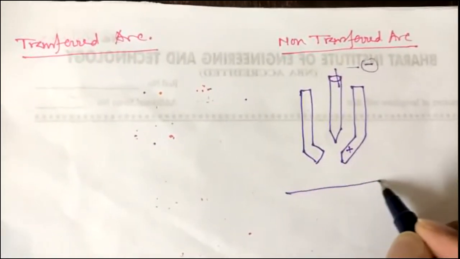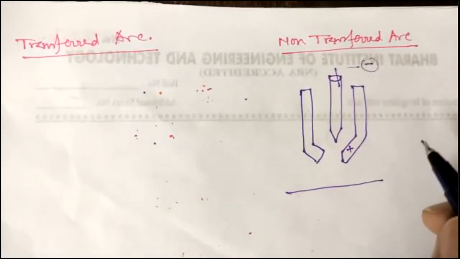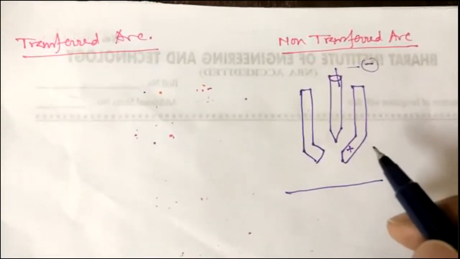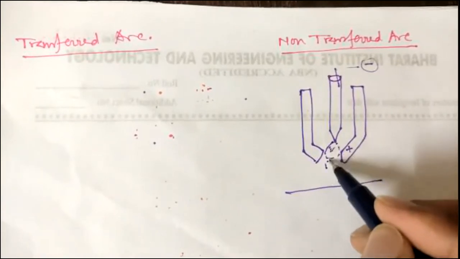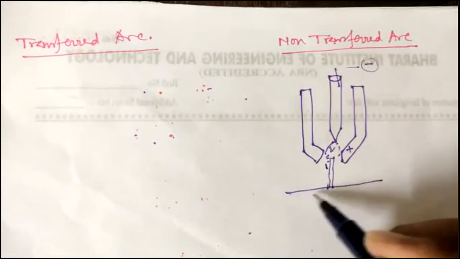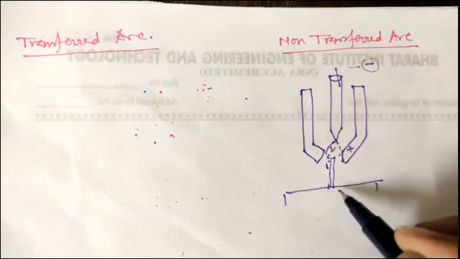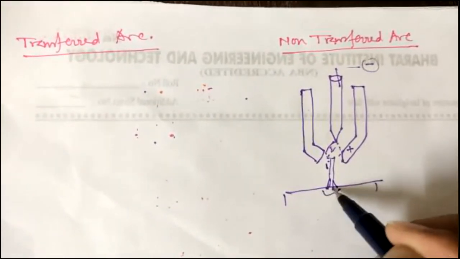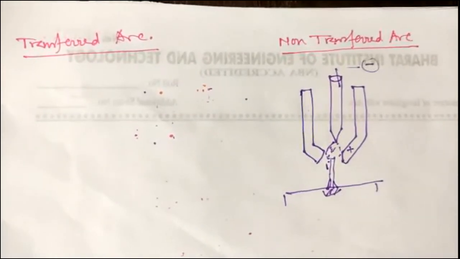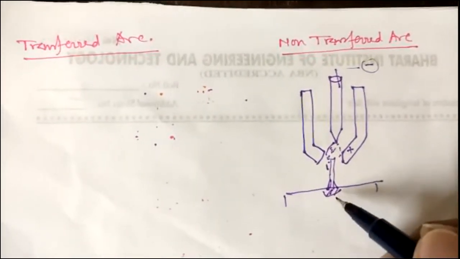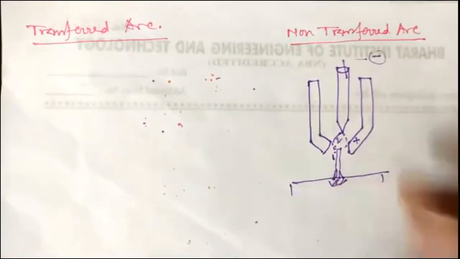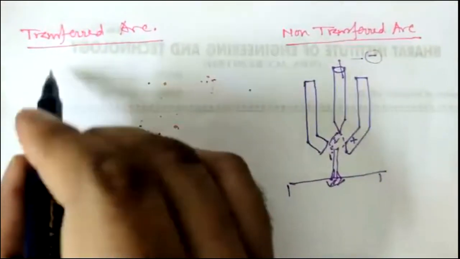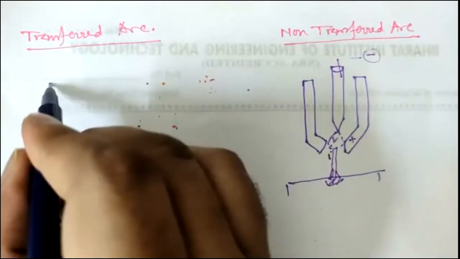Here we have got the workpiece. And here we are going to create the plasma which will be coming towards the workpiece surface, and here it will cause damage. From here it will remove material. So this will be the diagram of non-transferred arc.